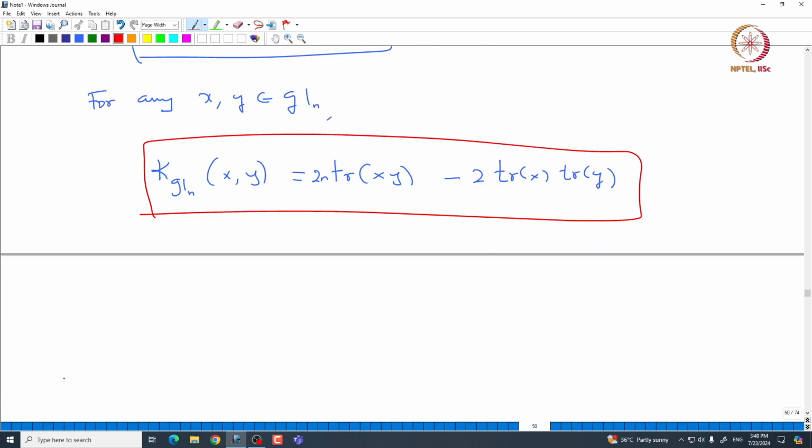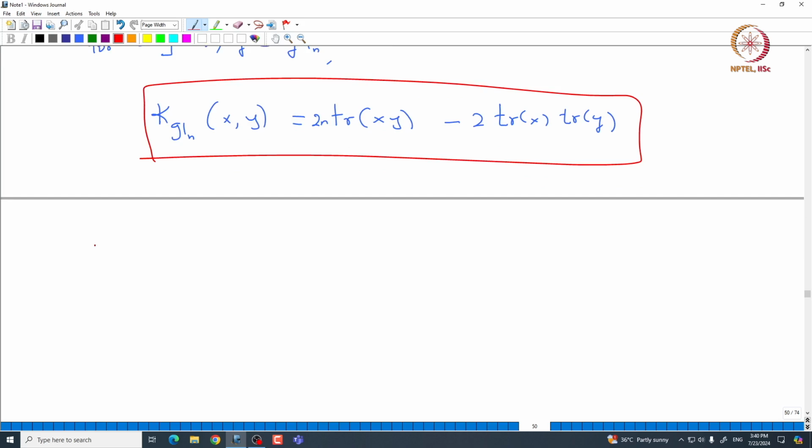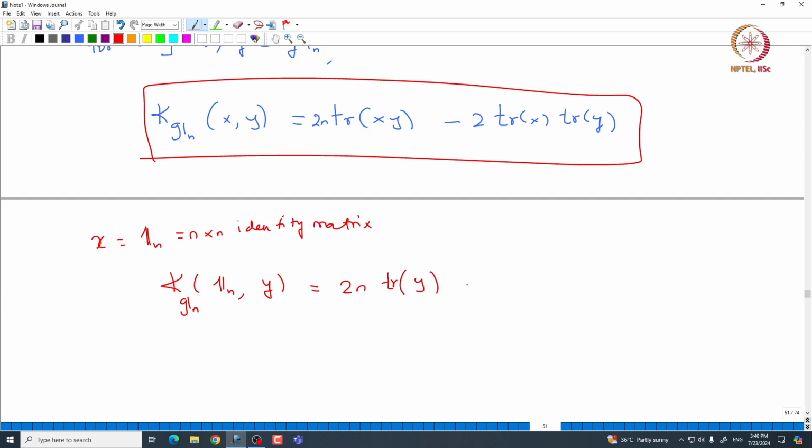Now if we take x being just the n by n identity matrix, and call the other argument y, then kappa of GLN of the identity comma y is 2n trace of y minus twice the trace of the identity, which is n, times the trace of y.